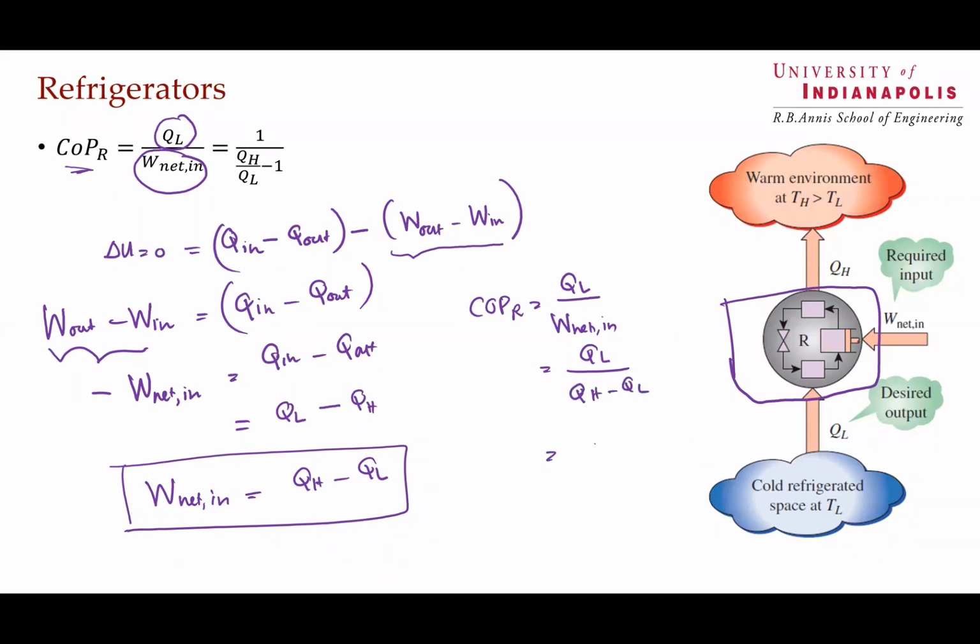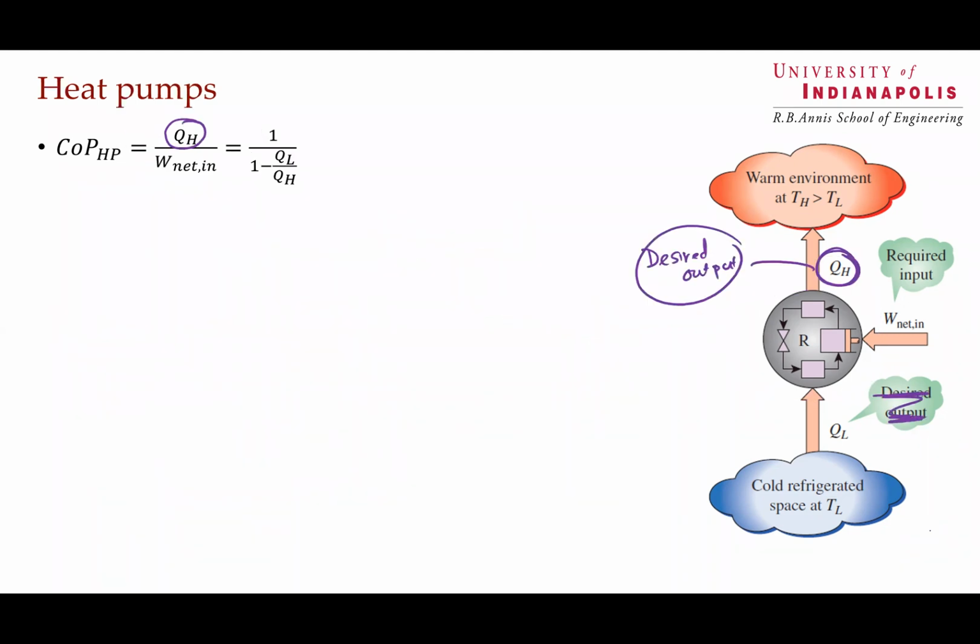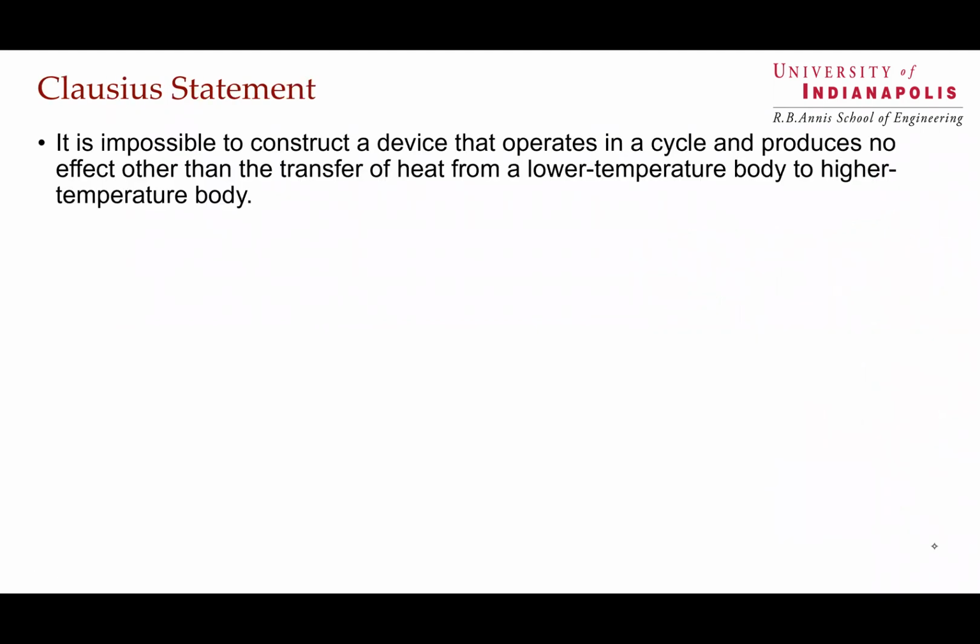You can divide the entire equation by QL, giving 1 divided by (QH over QL minus 1), the COP of R. And for the heat pump case also, we can use the same first law of thermodynamics and obtain this equation, like we did in the previous refrigeration cycle.